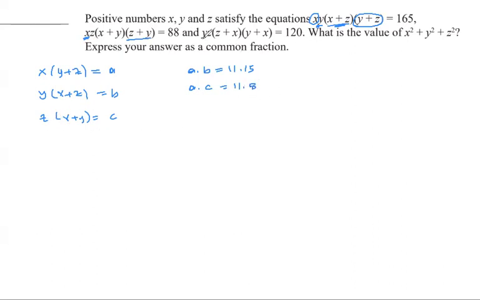And the last one, we have y and zx, so that should be b times c. And this is 120. I can divide by 4, that's 30, then divide by 2 again, that's 8 times 15. So I'm just going to leave these.